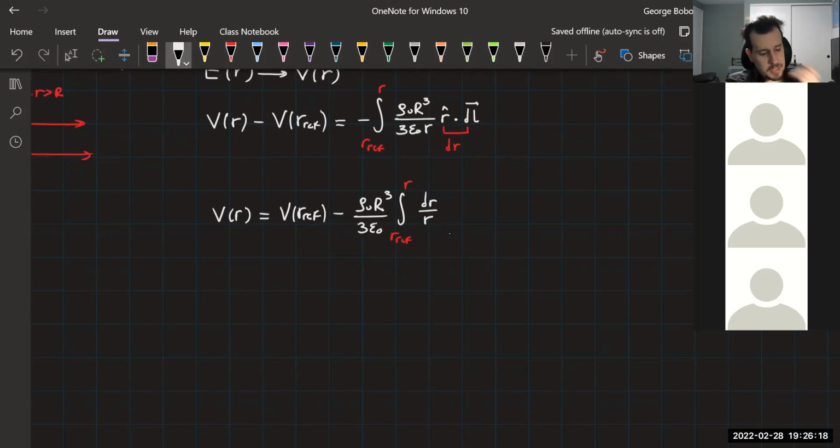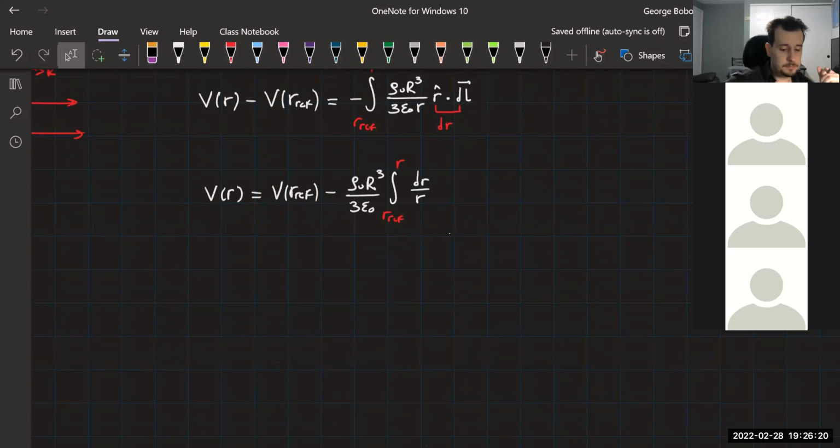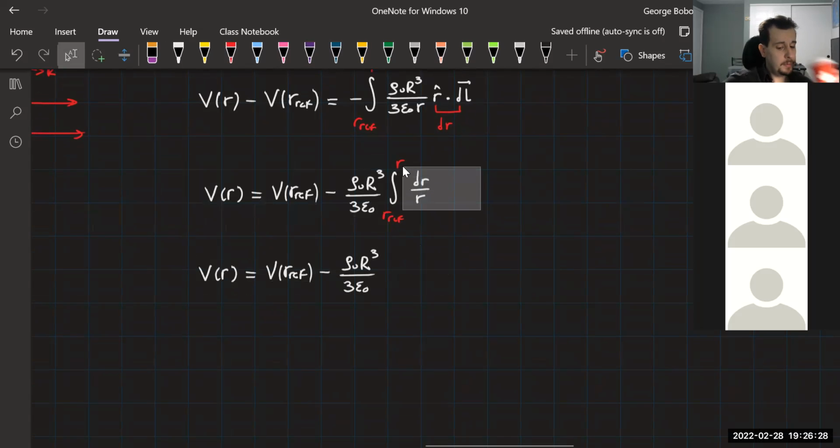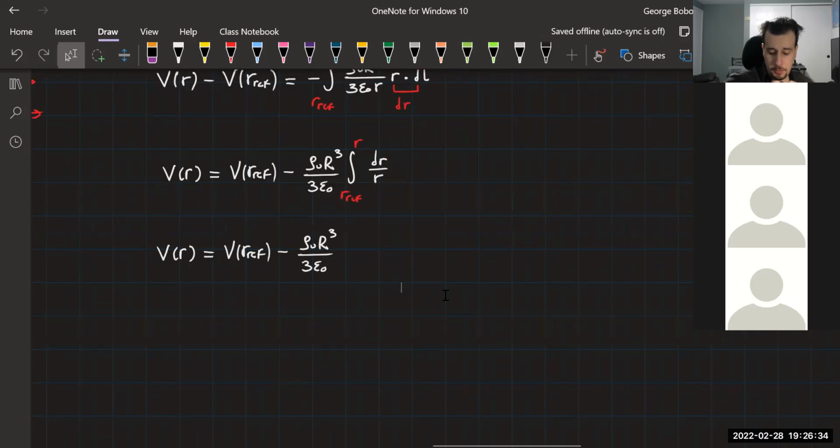Bogdan, what's that integral? What do you get if you integrate 1 over r? You remember? Oh, wait, yeah, it is just ln of r.